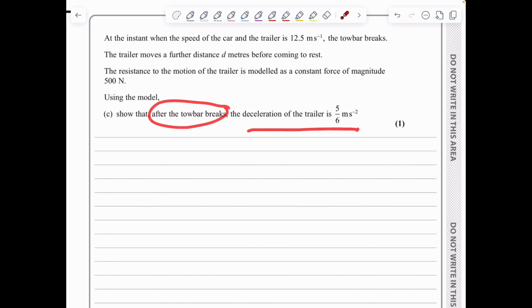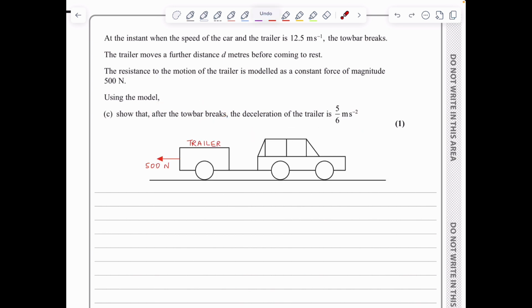So looking at the diagram once more, once the tow bar brakes, the car moves out of the picture. We've got the trailer moving to the right, so the direction of motion is to the right, so the acceleration is always pointing along the direction of motion, and therefore I can apply F equals ma here.